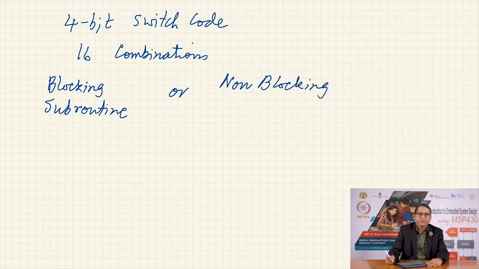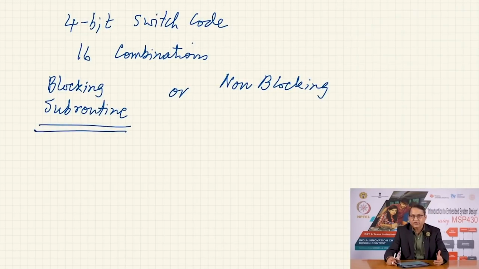What is the difference? In a blocking subroutine, when the subroutine is called, the subroutine will not return till activity is detected, which means if I call a read keyboard subroutine, if I design it to be of the blocking nature, till a user presses a switch, it is not going to return to the main program.